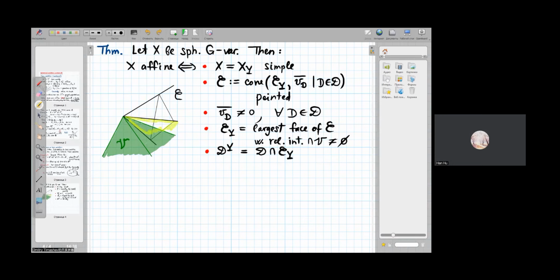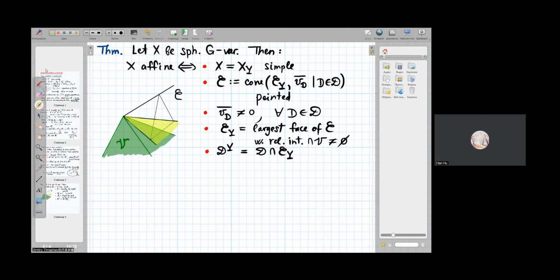So you can imagine that this face of C, its interior intersects the evaluation cone, and the other part of the cone C is somewhere above this face. And the evaluation cone is somewhere below this face.